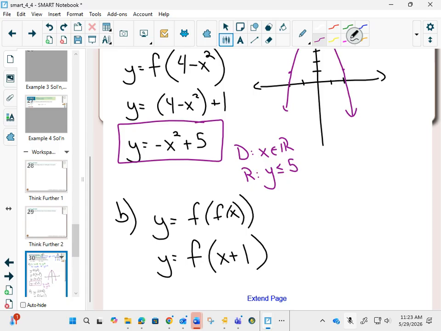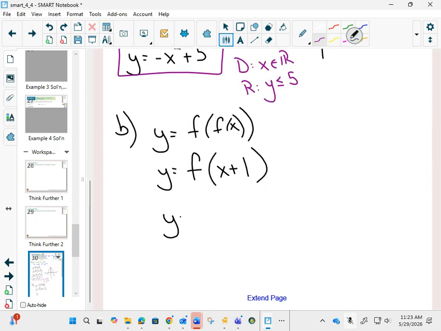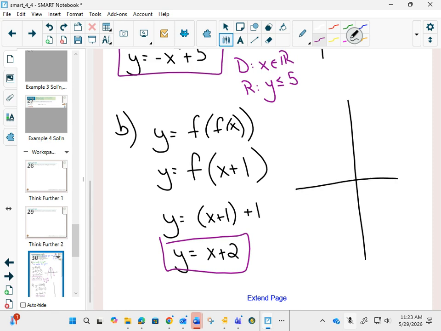Then f of x plus 1, well, if you're plugging in an x plus 1, you will get x plus 1, and then you will add 1 to that, which just makes x plus 2. Again, I'll draw this one in purple. y-intercept of 2, slope of 1. Domain is everything. Range is everything. Pretty easy to graph.